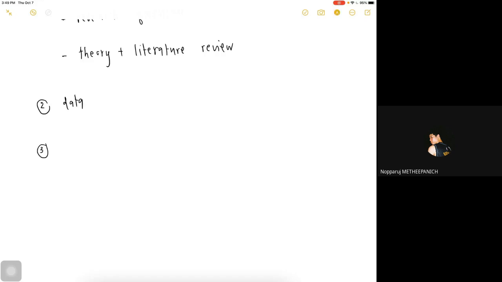And then the third section is about your model, right? Your econometric model. So I recommend you to link between the first section that you mentioned about theory and the literature review. So from that part, you can introduce which variables you add into your model.